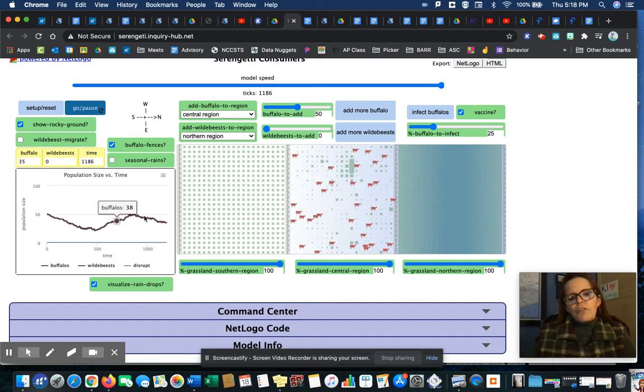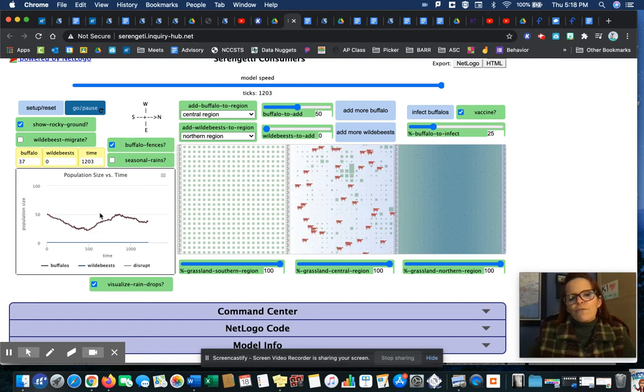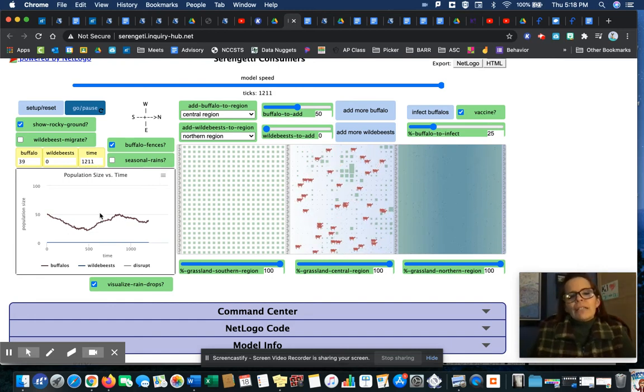I'm watching the graph over here, and I'm also looking at the time. We want to get the time to at least 1,500. 2,000 is better than 1,500, but at least to 1,500. But this is taking a long time.